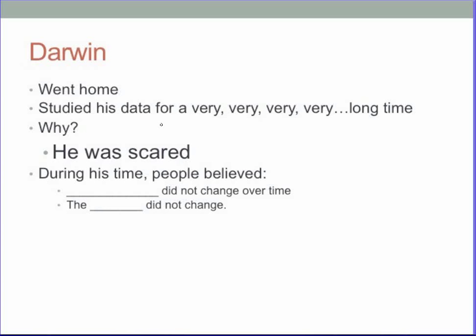And they believed this because they were very much into religion, and they believed that God put things on the planet the way that he had planned, and that although organisms could die off, organisms did not change. God had designed them the way he wanted them, and that's the way they were. So by coming out and saying his theory on evolution, he was basically going against God, and this is why he was pretty afraid.